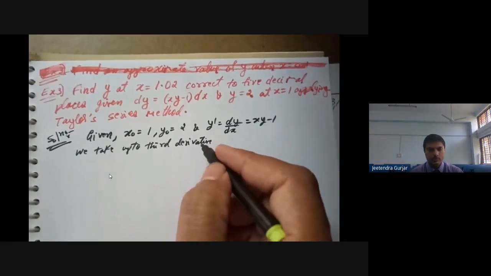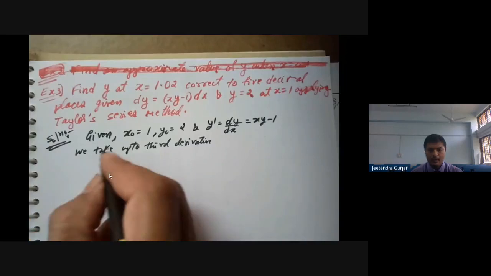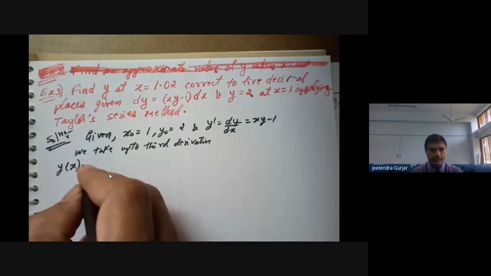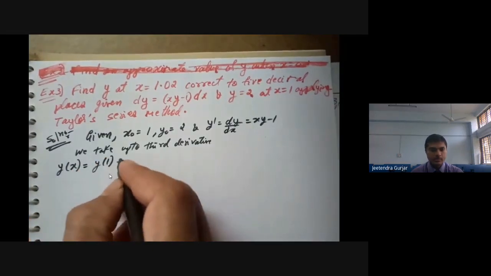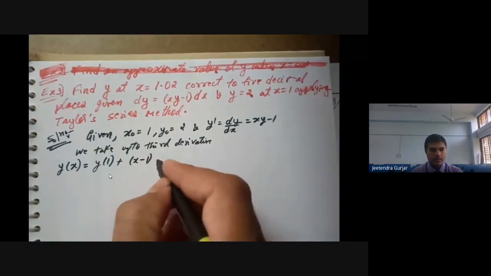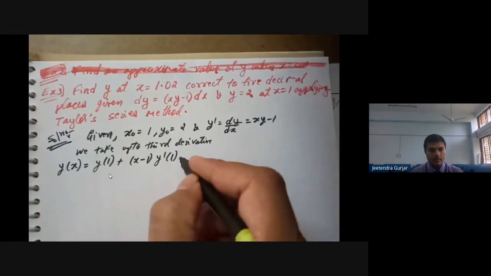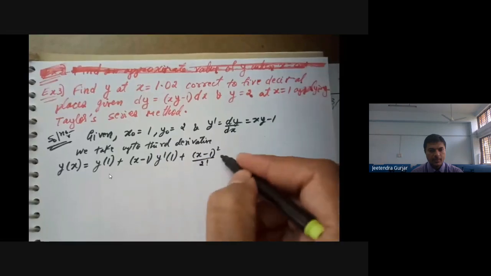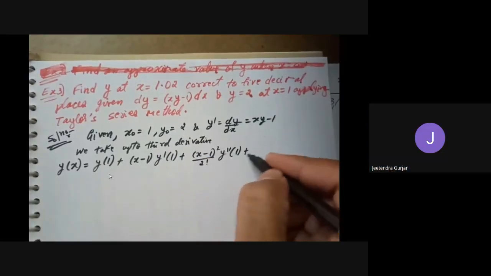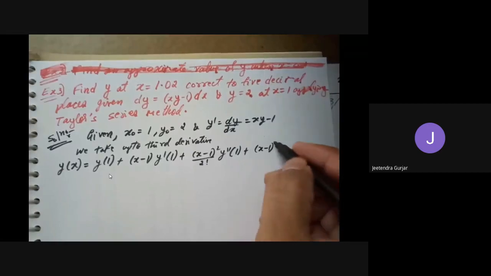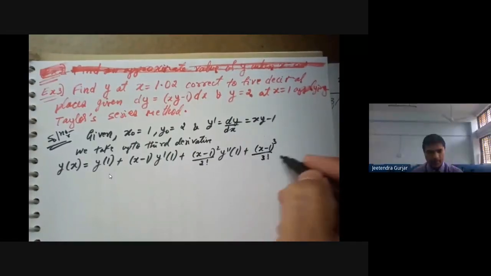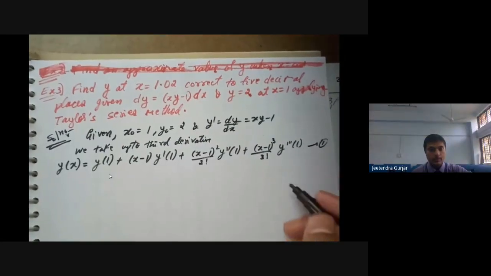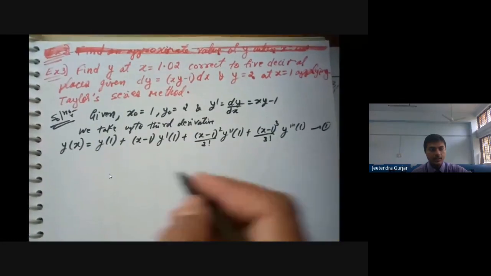So write the Taylor series expansion formula first. So we should be fast now. Everyone must get the correct answer now. So I will substitute y of x is equal to y of 1 plus x minus 1 y dash of 1 minus 1 cube divided by 3 factorial y triple dash of x 1, and I am going to take here equation 1.